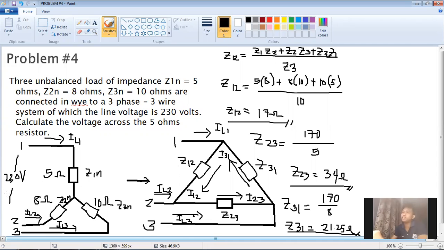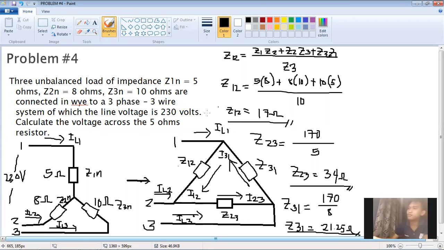Since we have the IL1, the impedance, and the voltage, we will transform this into delta to get the values for the different impedances. In transforming Y to delta, we have the impedances Z12, Z23, and Z31, and for our currents, IL1, IL2, and IL3.